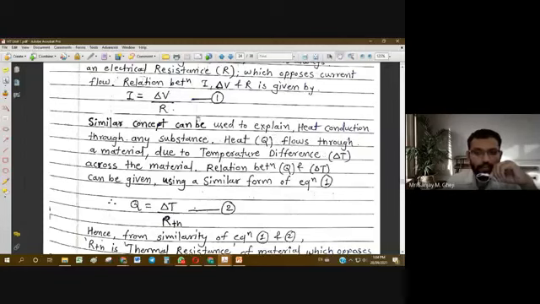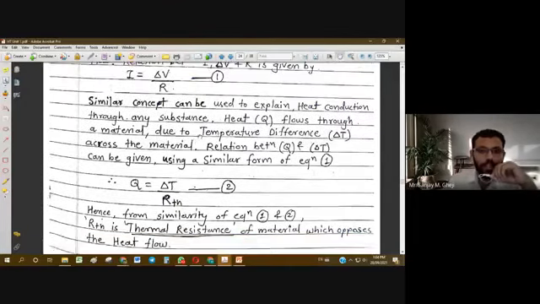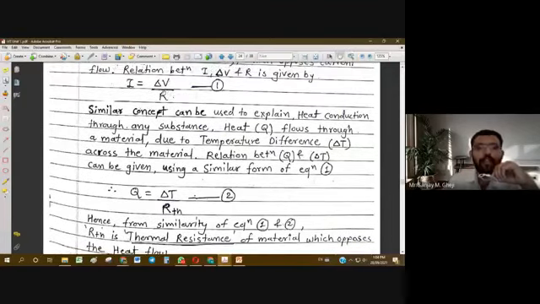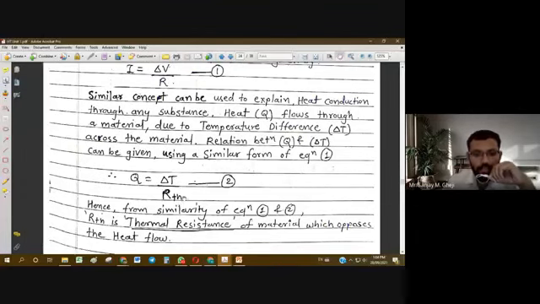So heat flow Q is analogous to current I, and temperature difference delta T is analogous to potential difference or voltage difference. These two are analogous. These are not equal; they are analogous or similar. Then in the electrical subject, we have electrical resistance R, but in the thermal aspect, we have material resistance named thermal resistance.